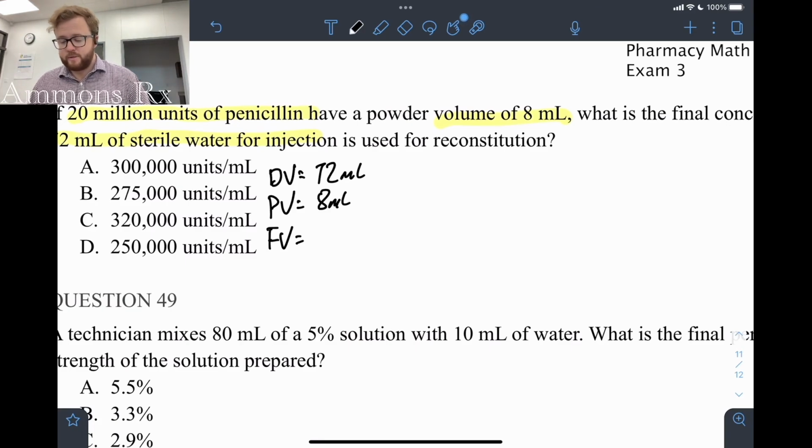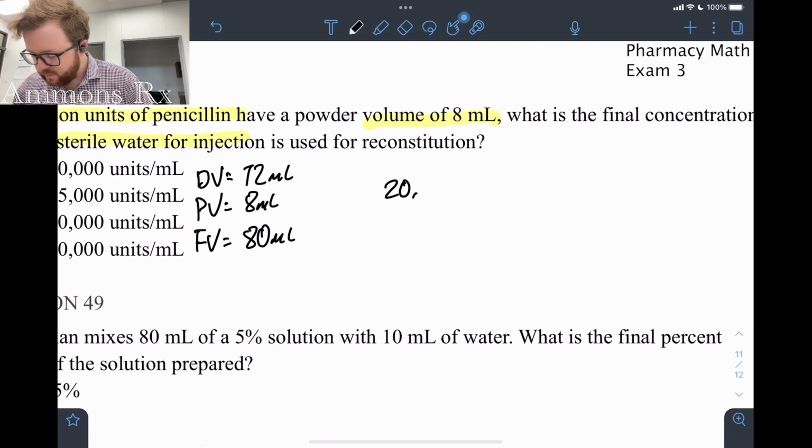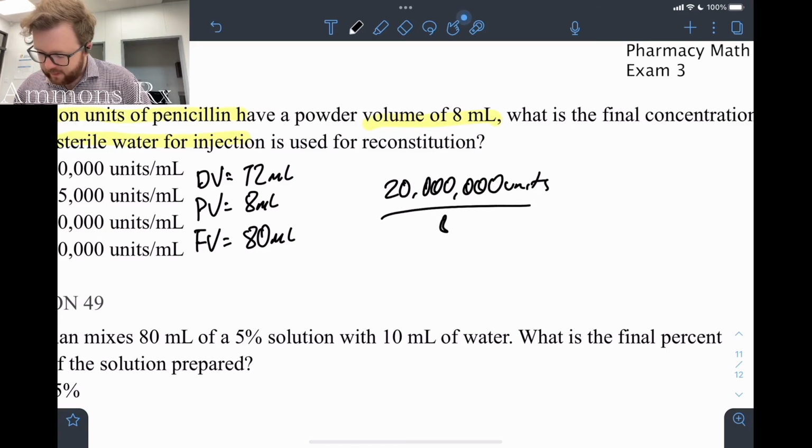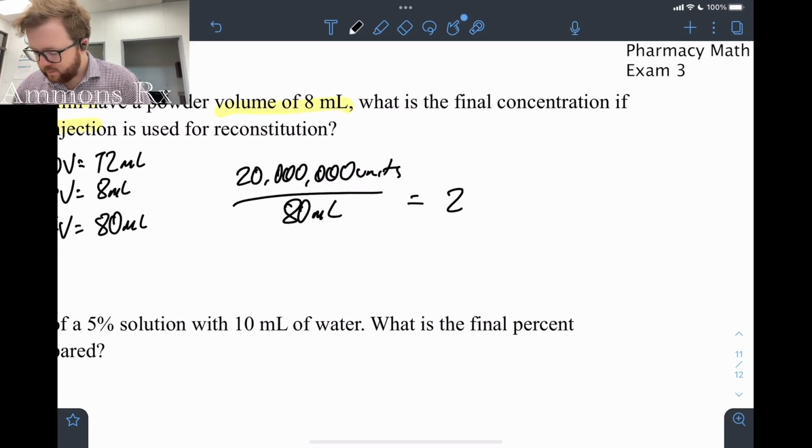So our final volume is the two combined, 72 plus 8, which is 80. Then we take our 20 million units divided by 80 mils. What's 20 million divided by 80? 250K.